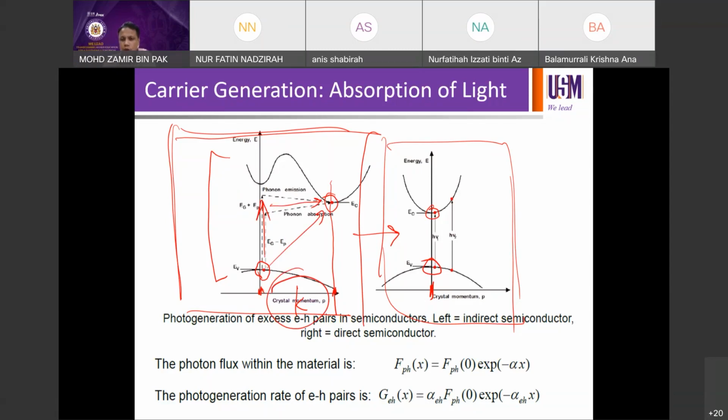On the other hand, it's a lot easier in a direct band gap because the momentum is already aligned. So you just have a vertical transition of the valence band electrons into the conduction band, to allow absorption to take place.